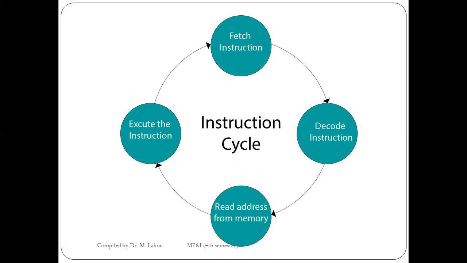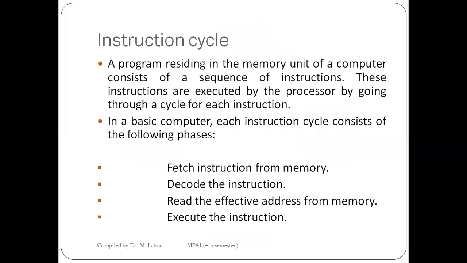In the fetch cycle, you decode, read the address, and then execute. All these four steps together are termed the instruction cycle: fetch the instruction from memory, decode the instruction, read the effective address from memory, and execute the instruction.